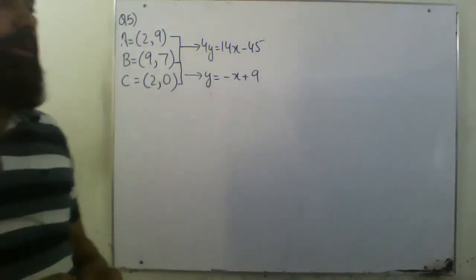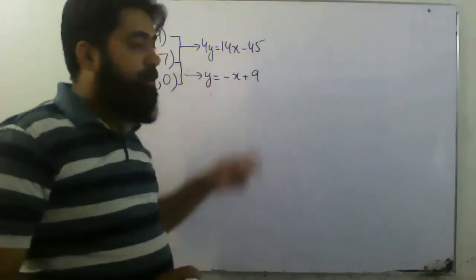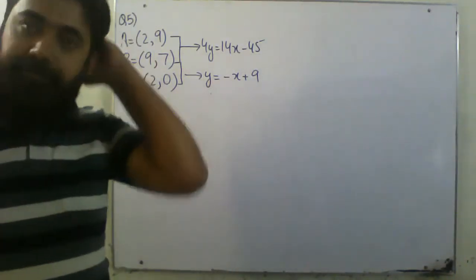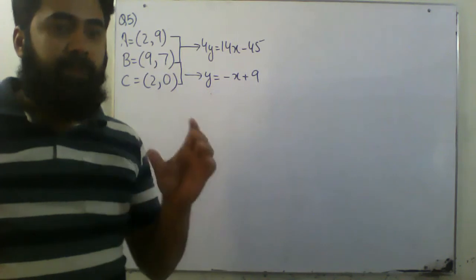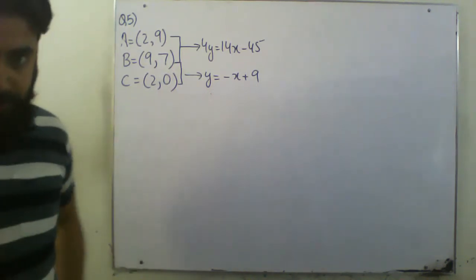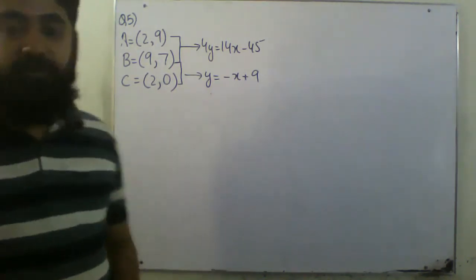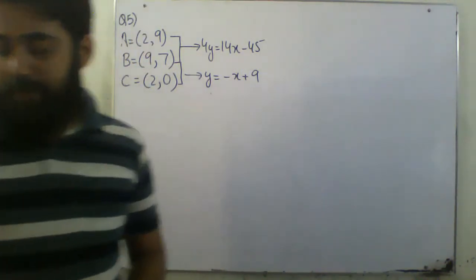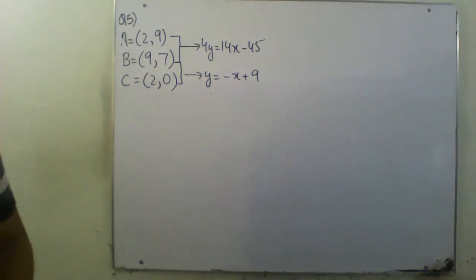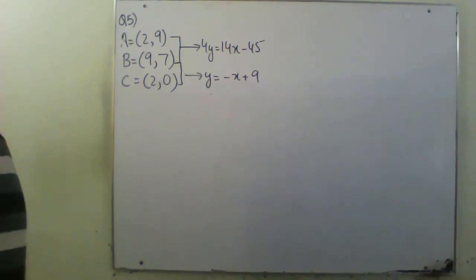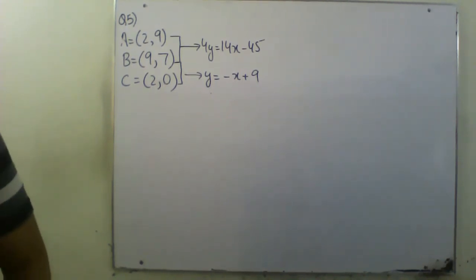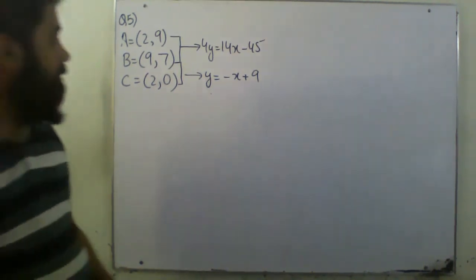And they have said that these two perpendicular bisectors are intersecting. We have to find their intersection point. For finding the intersection point, I have told you guys that we are always going to use simultaneous equations, the solution of simultaneous equations. So how are we going to do it?